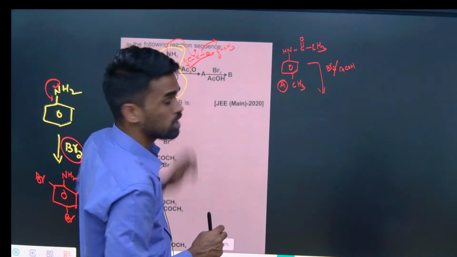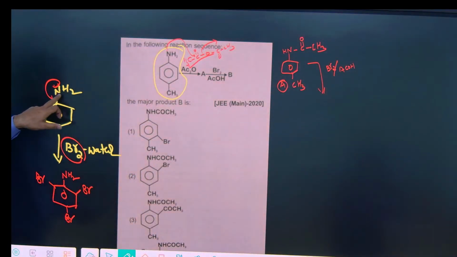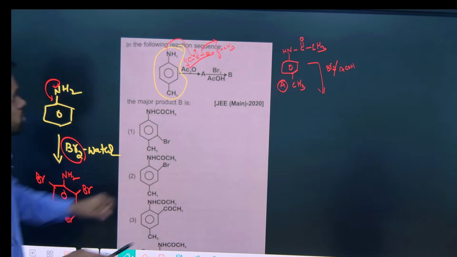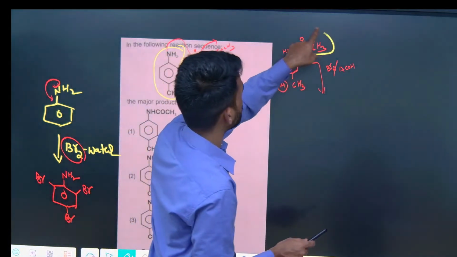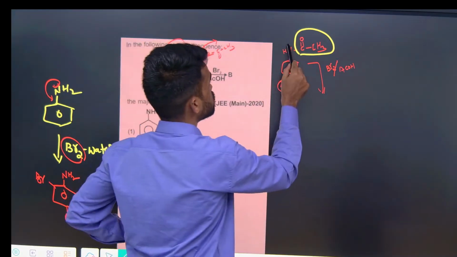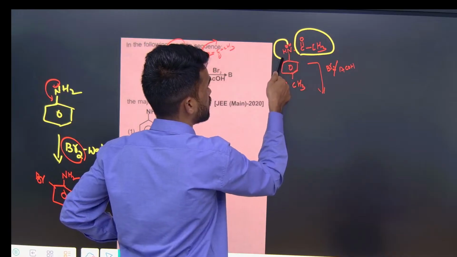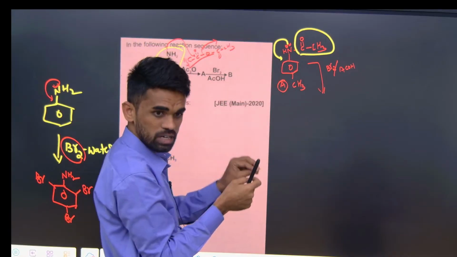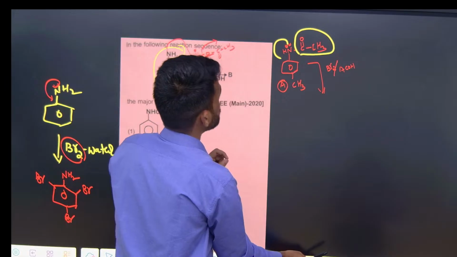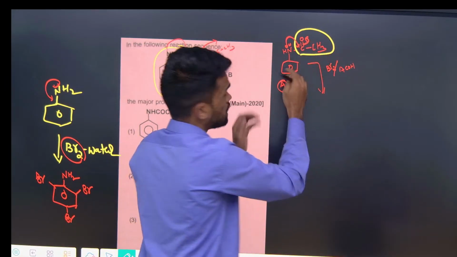For controlling purposes, I am adding one electron withdrawing group on the NH2. Here one electron withdrawing group is added. Just check, is it withdrawing or releasing? Withdrawing. So now the lone pair electrons on nitrogen can be taken towards the ring side, which is activating the ring, and also they are taken by this carbonyl group, which is deactivating.